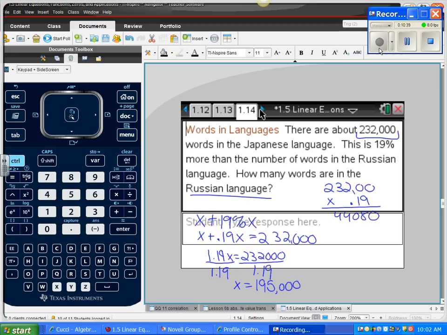So then you would have taken 232,000 and subtracted 44,080. Okay, and that doesn't come out right for some strange reason. All right, so we're going to move on from that one. We'll come back to that.